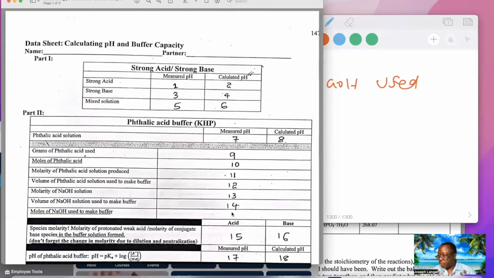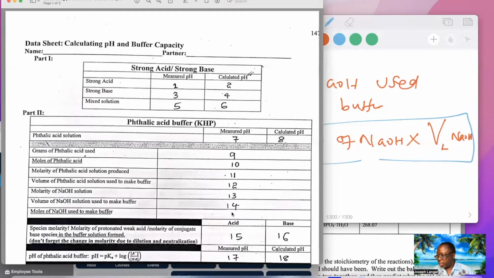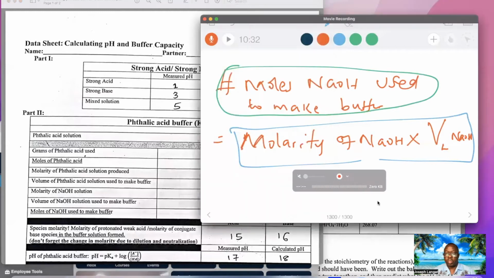To make the powder, the number of moles is given by the molarity of NaOH times the volume in liters of NaOH. You need to change the volume to liters. So this is the equation you will use to answer the question on the number of moles.